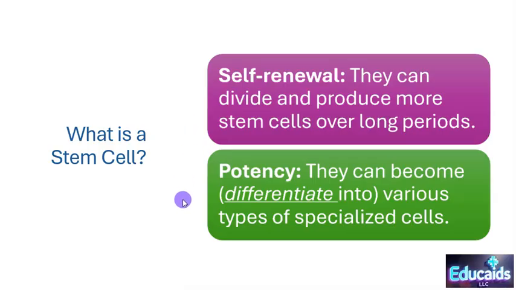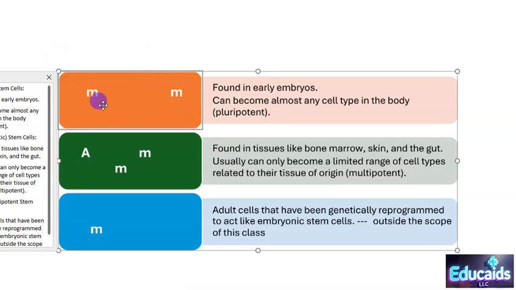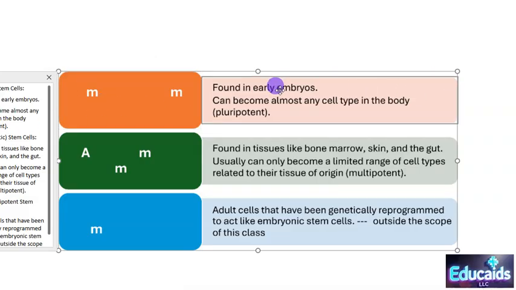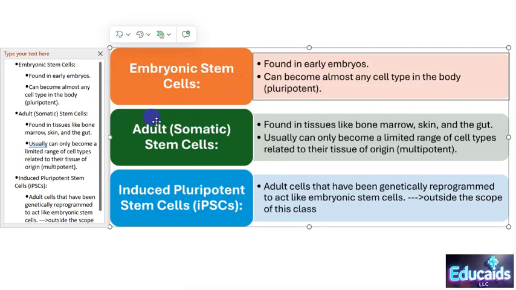The nice thing about stem cells is they can differentiate into different types of specialized cells. Oops. Why is this not loading? So let me see if I can move this over. Okay. Oh, there it popped up.